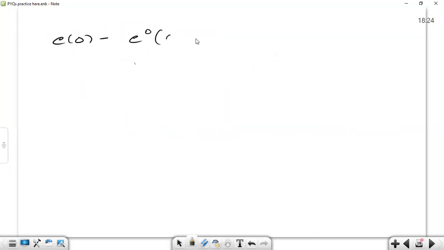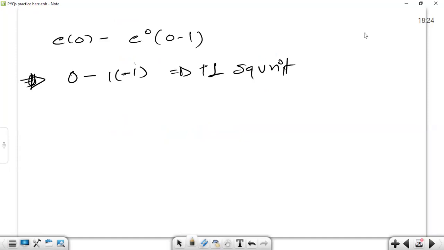Anything raised to power 0 will make it 1. So this is 0 minus 1 times minus 1, minus 1 times minus 1 makes it a positive 1 square unit. That should be our answer.